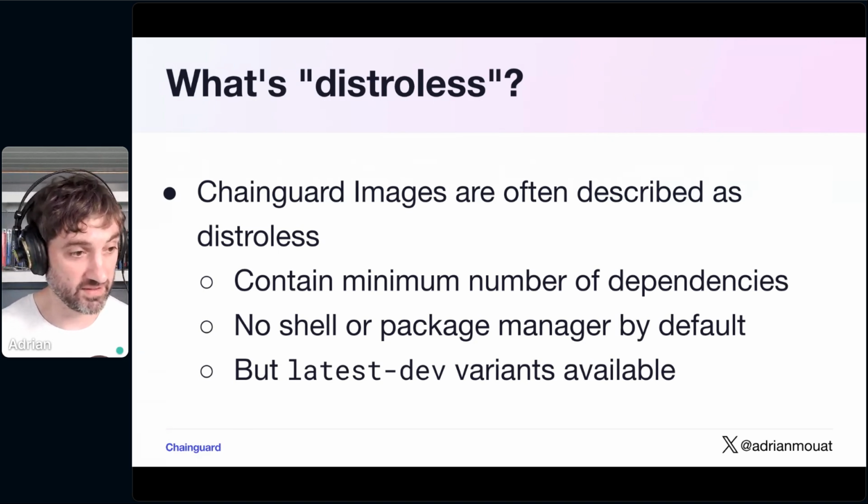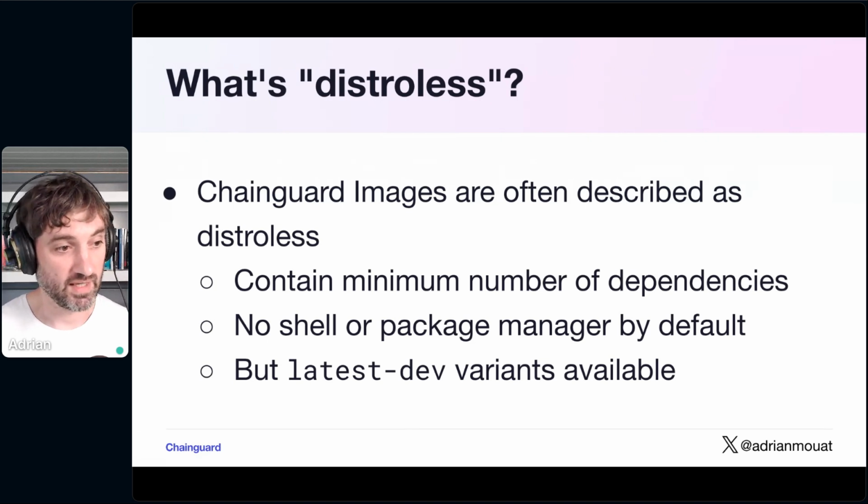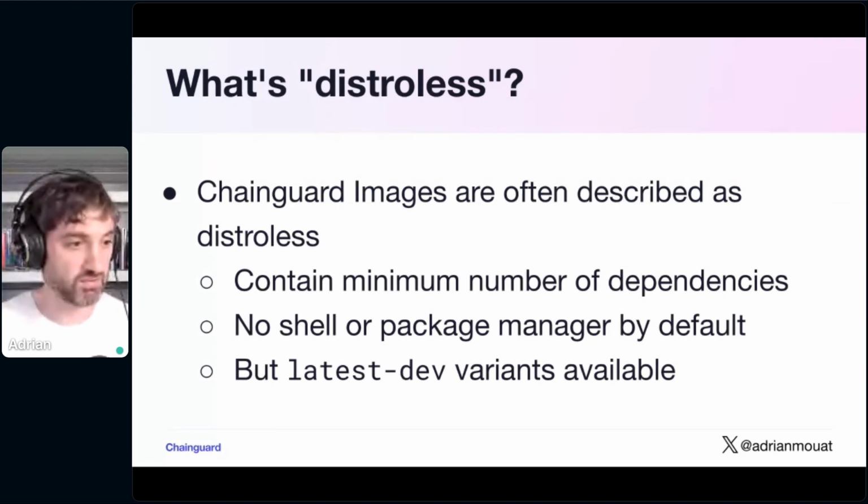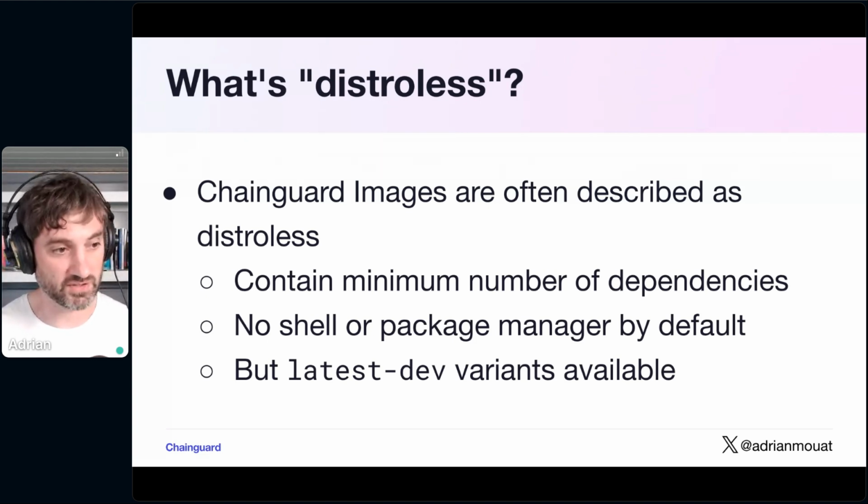And that's totally fine to use even in production. Just be aware that it does have a shell, which has some security implications. For example, if an attacker was to get in there, they'd have a shell they could use for living off the land attacks. But it's still going to be a lot more secure than the average image from Docker Hub and so on.